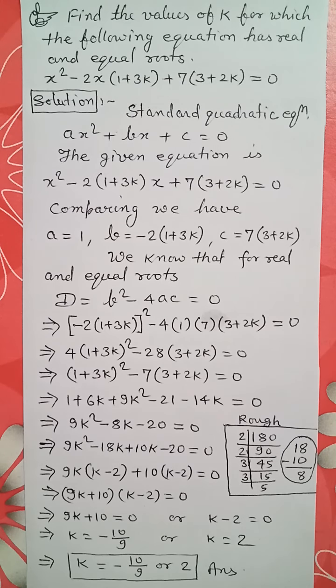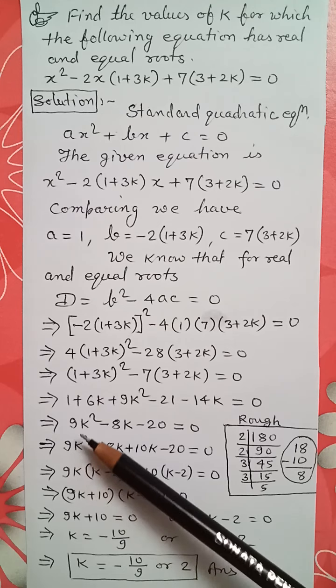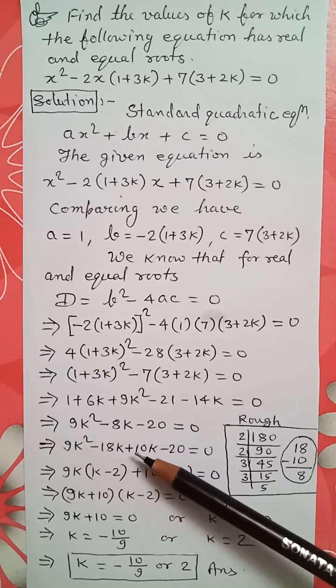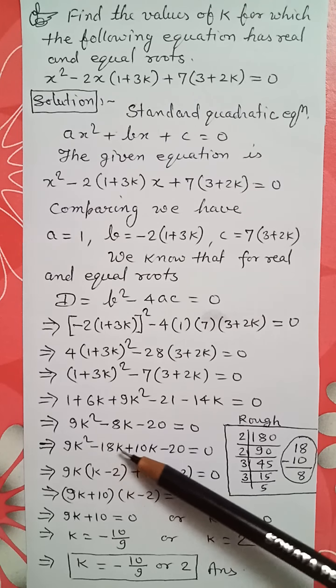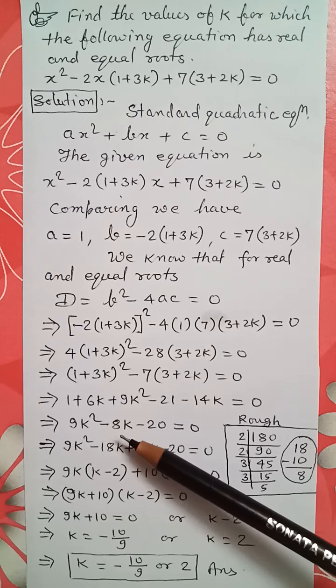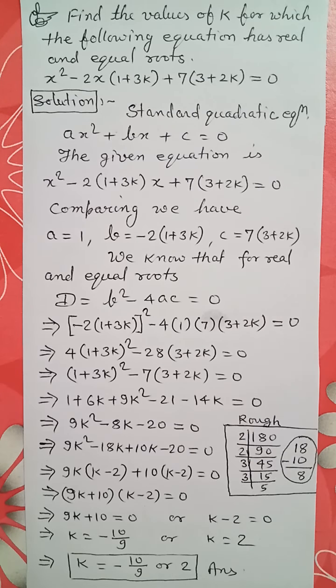Therefore, these two numbers will work. Now, writing this 9k square, minus 18k and plus 10k. If you simplify this, we will get minus 8k and minus 20, this is equal to 0.